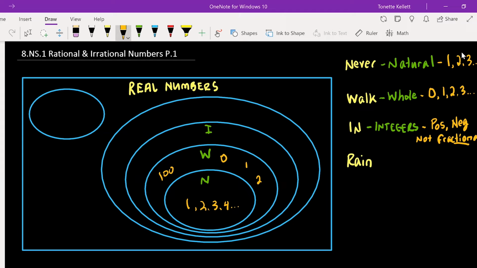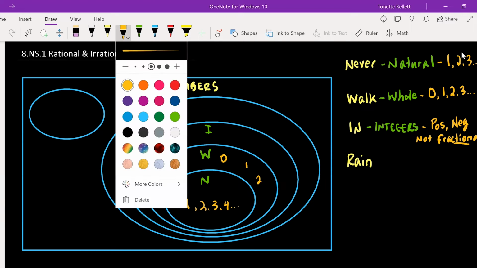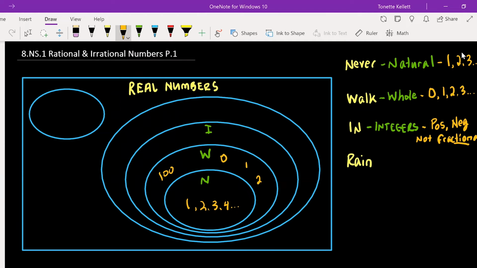So they can't be decimals, they can't be fractions. So let's get some examples of some integers. Some integers would be -4, also 27. So all of the positive numbers you know, and all of the negative numbers, -10. It also includes the number 0.